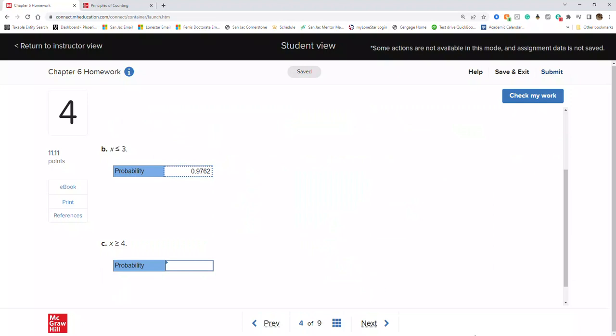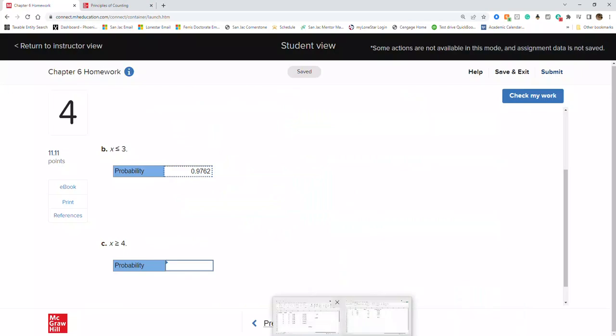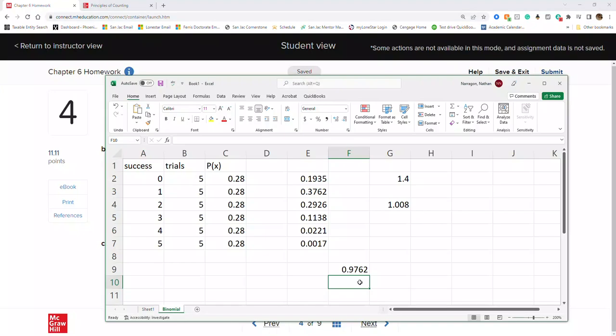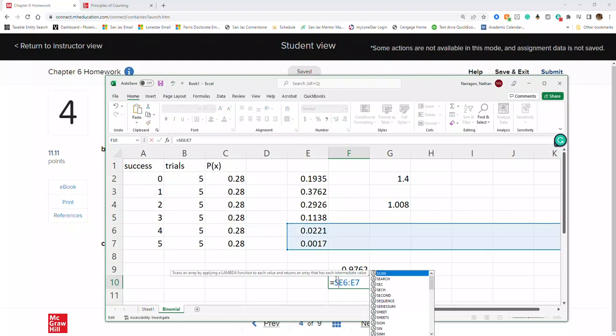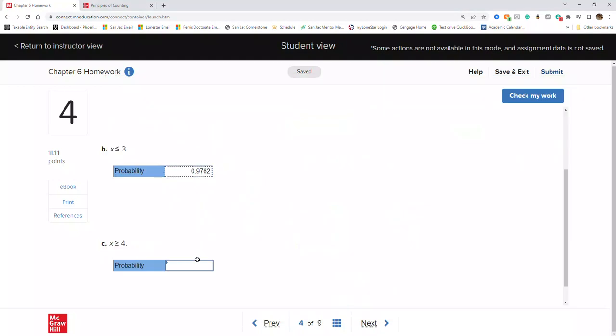Now greater than or equal to 4. Since we only have 5 trials, that means we only have 2 numbers there. So this would equal the sum of these two: 0.20238.